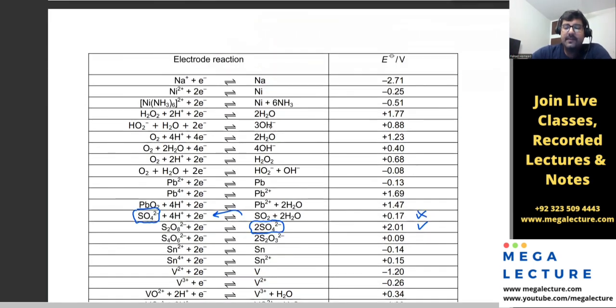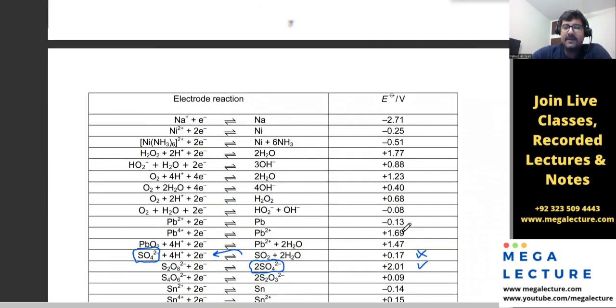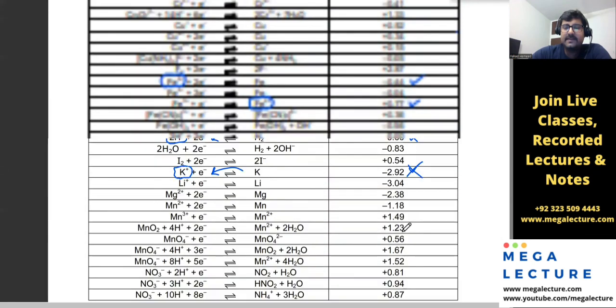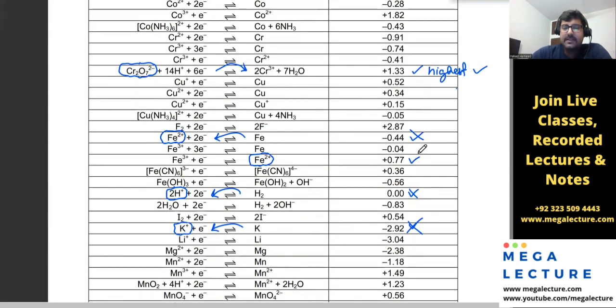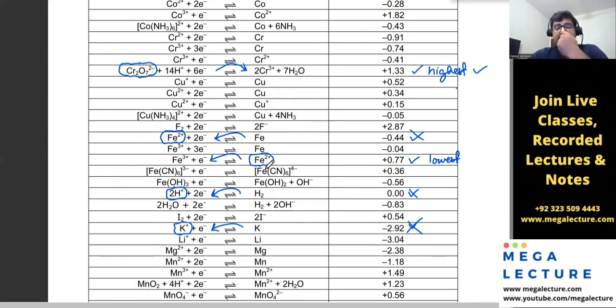Who am I left with? I'm left with 2.01. I'm left with 0.77 over here. Then the remaining one's 0.77. That is the lowest, right? And can it lose electrons? Yes, it can, because I have Fe2 plus, and it can lose electrons. The rest got rejected because I didn't have them.